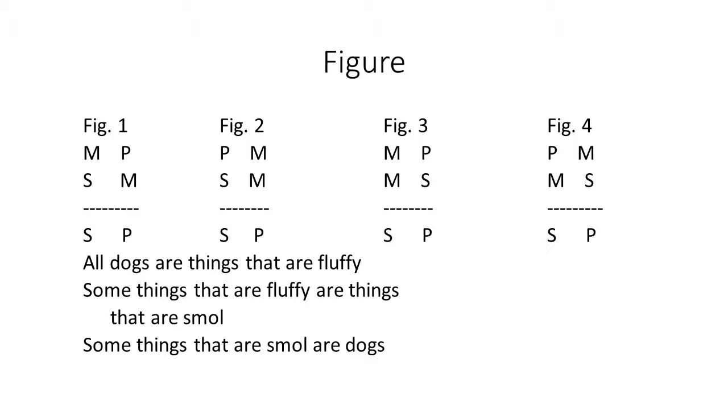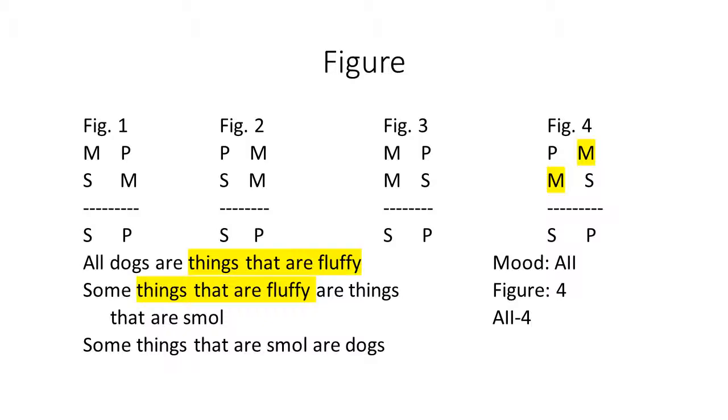So let's start by figuring out where the middle term is in our first and second premises. So what's the middle term? Well, it occurs in both. So which term occurs in both the first premise and the second? Things that are fluffy. Note how things that are fluffy is sort of on this diagonal.